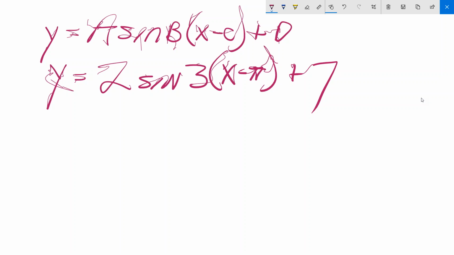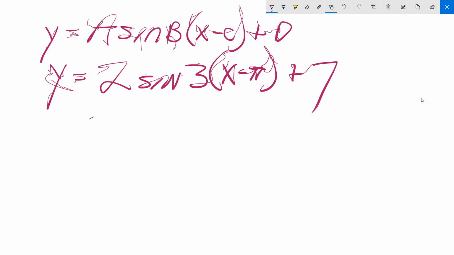7 is called a vertical shift, just like it is. Everything's the same. 2 is a vertical stretch. 3 is a horizontal shrink. Pi is a horizontal shift to the right by a pi amount. And 7 is a vertical shift.